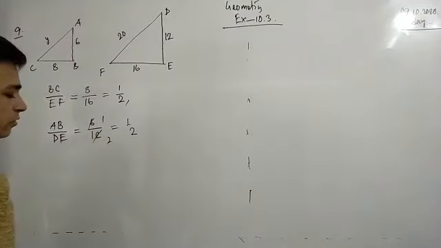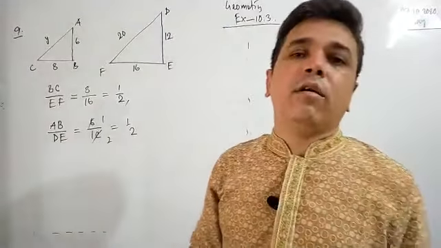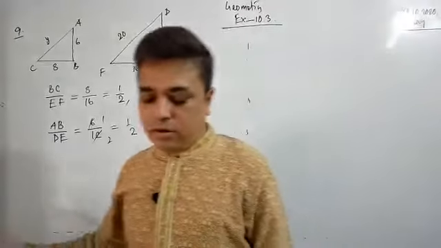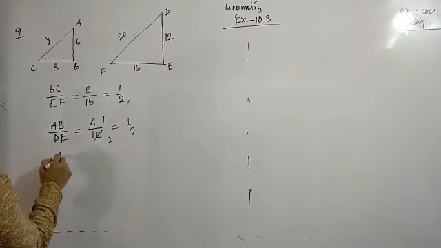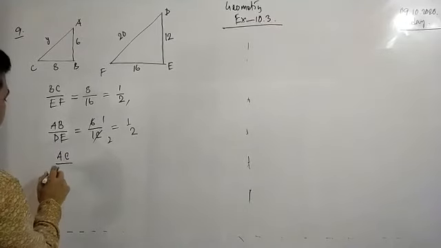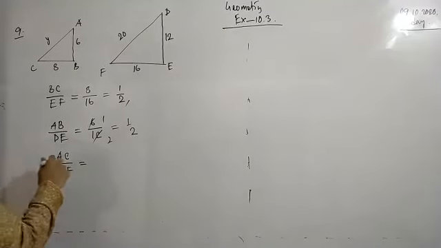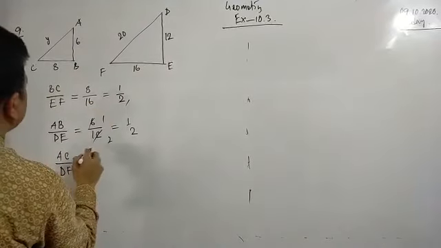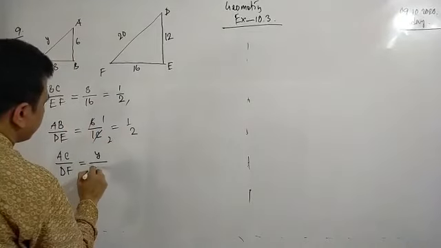Two side ratios are the same, so I think the next side would be the same. Let's see. The third side is AC divided by DF. AC is y and DF is 20.